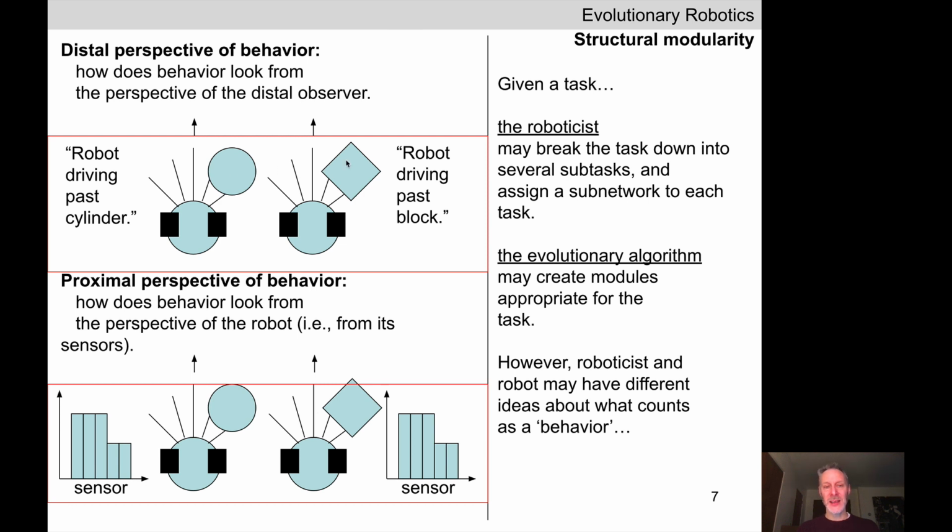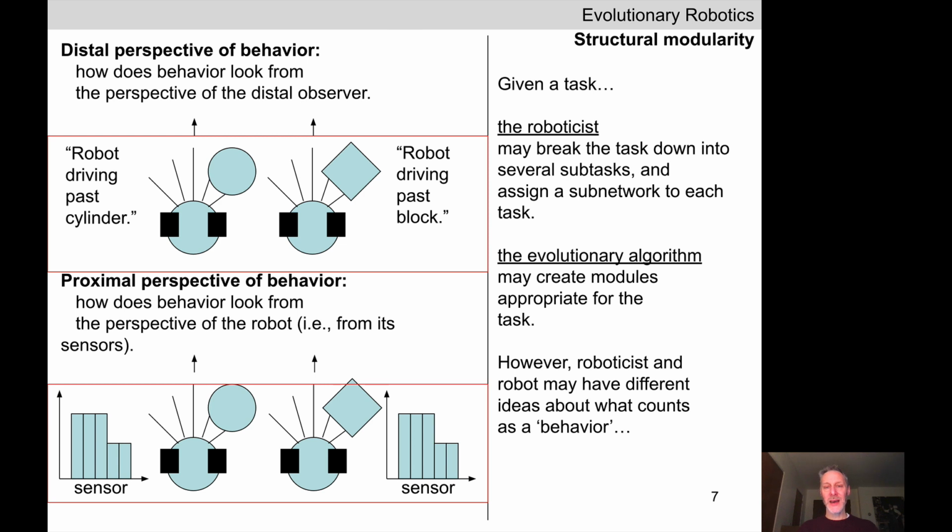So if we start to think about these two things as different situations, that might lead us to break the task down into deal with the cylinder and deal with the block. At least in this simple example, at these two frozen instances of time, the robot cannot deal with the cylinder and the block differently because the robot considers itself to be in an identical situation in these two cases.